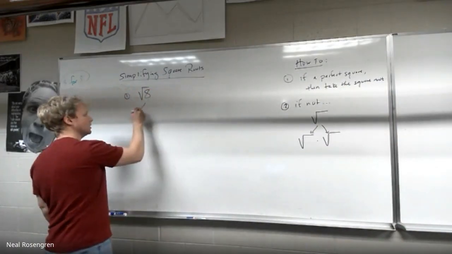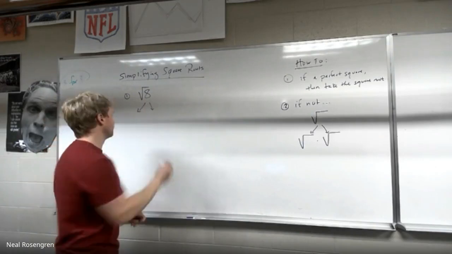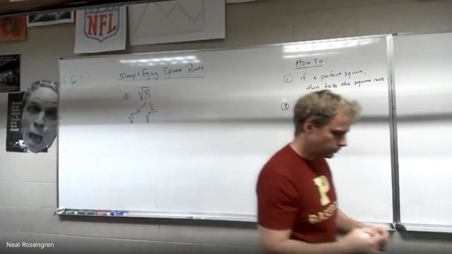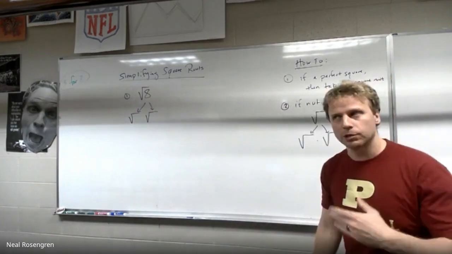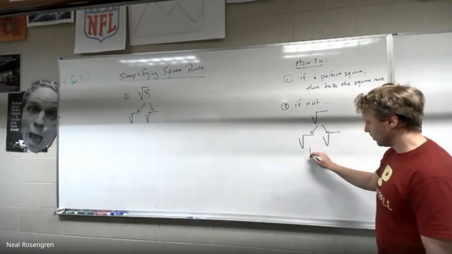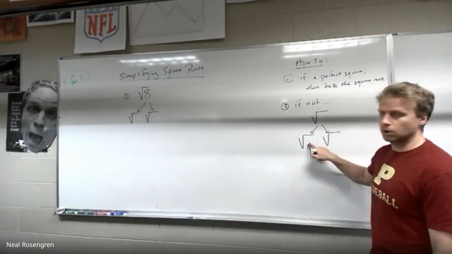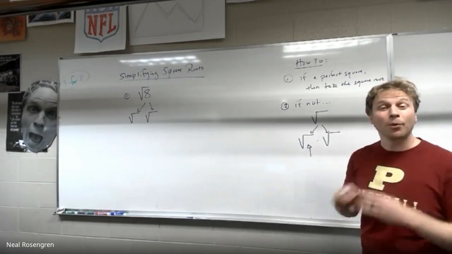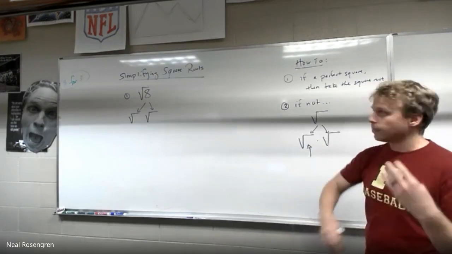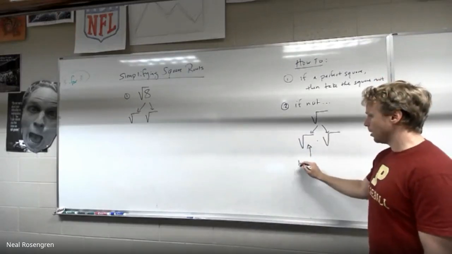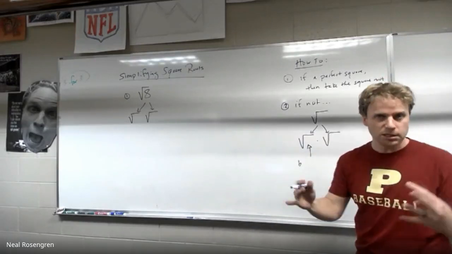So if I take this square root of 8 and break it apart into two separate square roots, I want to do it in a way where there's something I can then simplify. I want the number underneath to be a perfect square that goes evenly into that number, whatever that is. So I want it to be the biggest one so that I can simplify as much as possible.